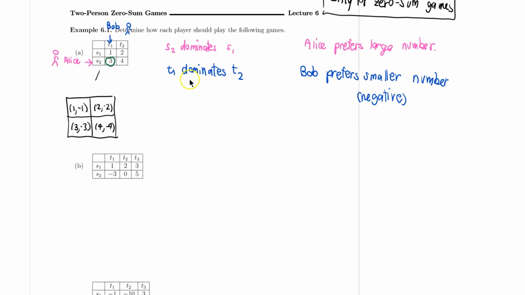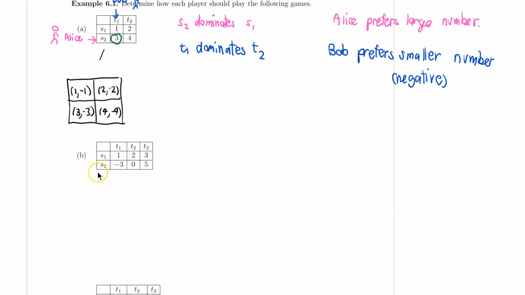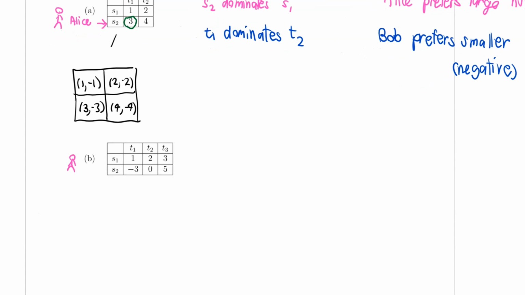So let's look at the second example here. Now, if we put ourselves in Alice's shoes, let's see. Alice can reason herself like this. If Bob plays the first column, then Alice should play the top row, because 1 is better than negative 3; getting $1 is better than paying $3.